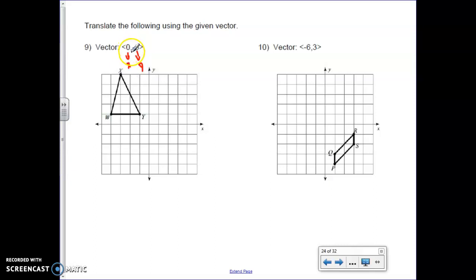If it's 0, that means it's not moving left or right, but it is moving down 6. So each point is moving down 6 units. W is going to move down 6 units. And then Y, 6 units.